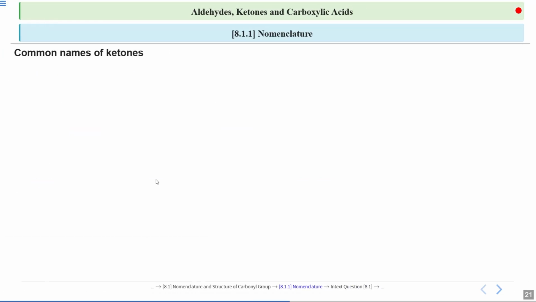Next, we will talk about the common names of ketones. Okay, so we discussed common names of aldehyde, where the corresponding carboxylic acids by replacing IC acid with aldehyde. Now we will see in the case of ketones. So in ketones, you have to identify the two alkyl or aryl groups which is attached to the carbonyl.